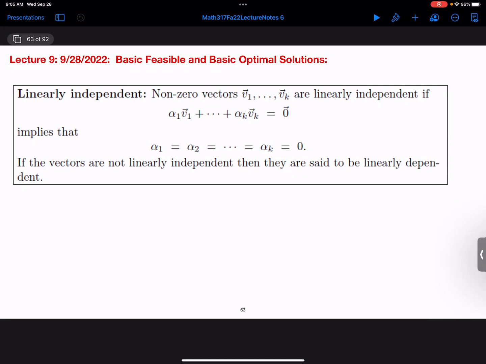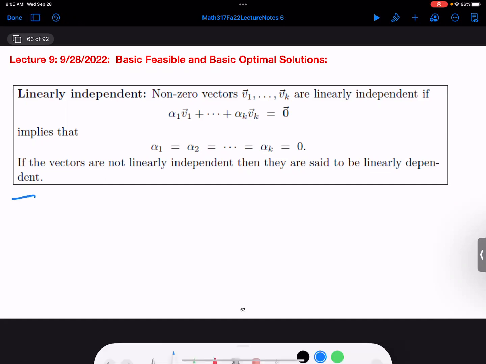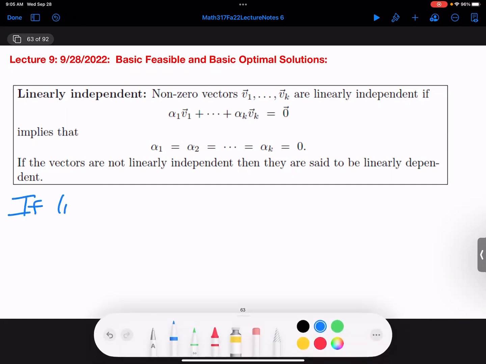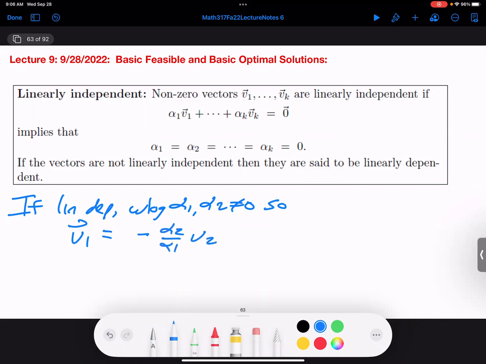So if linearly dependent, without loss of generality, alpha 1 and alpha 2 do not equal 0. So you can get v1 equals negative alpha 2 over alpha 1 v2 plus dot dot dot plus, sorry, I guess these should all be minuses.